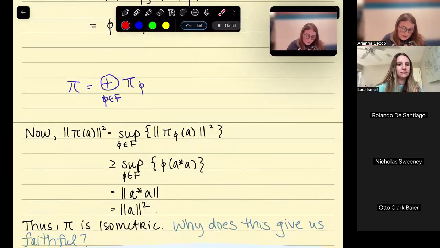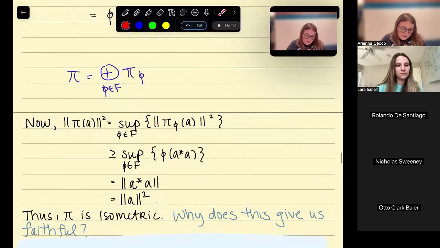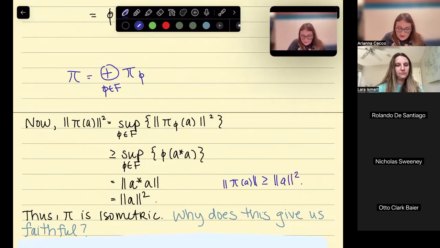And we know by another result above that this sup is equal to the norm of A star A. I don't remember the number of the result, but it's above. Which by the C star identity is equal to the norm of A squared. So if you take square roots, you get that the norm of pi of A is greater than or equal to the norm of A.